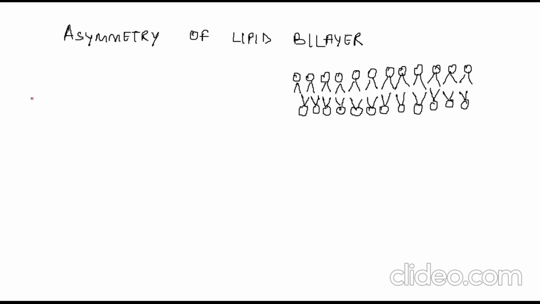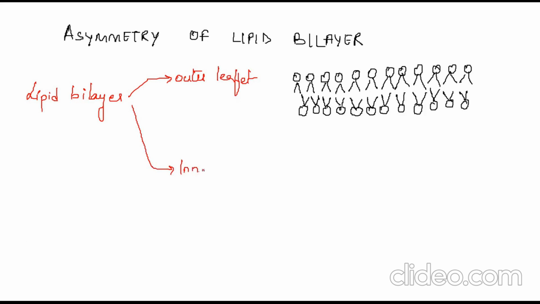This lipid bilayer has two leaflets, an outer leaflet and an inner leaflet, and the composition of the outer leaflet and inner leaflet are different. They are not the same.